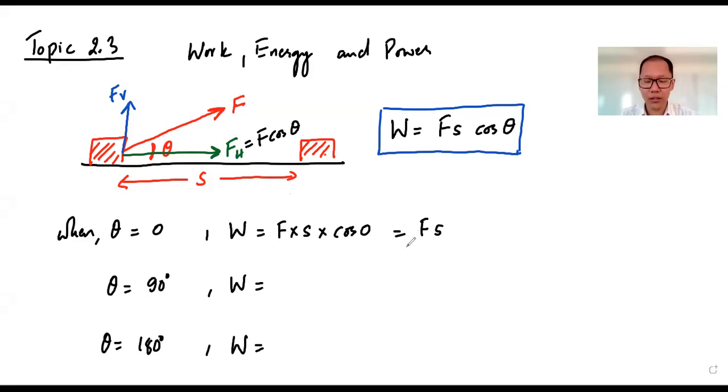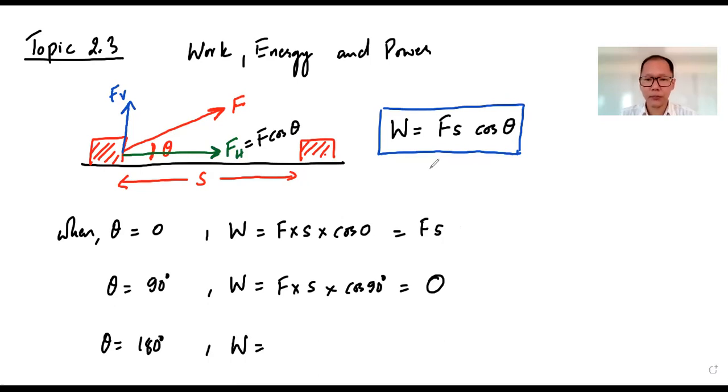The force and the displacement are parallel to each other. When theta equals 90 degrees, work is force times displacement times cos 90 degrees. You know that cos 90 is 0, so the overall work done is 0 when theta is 90.